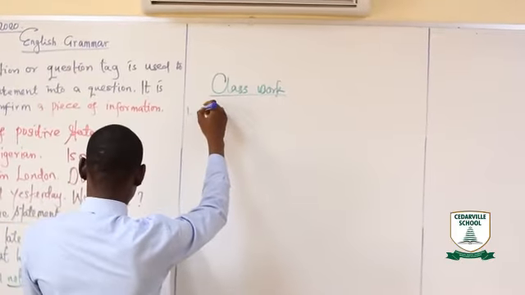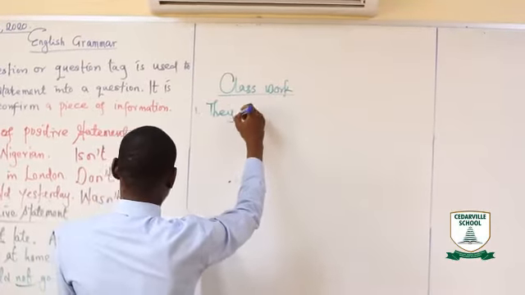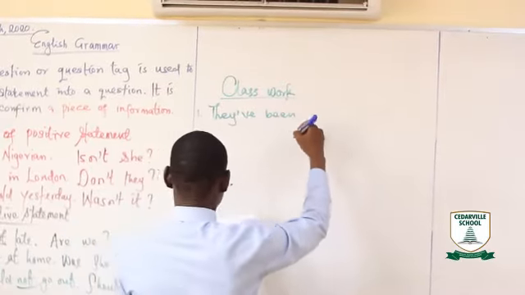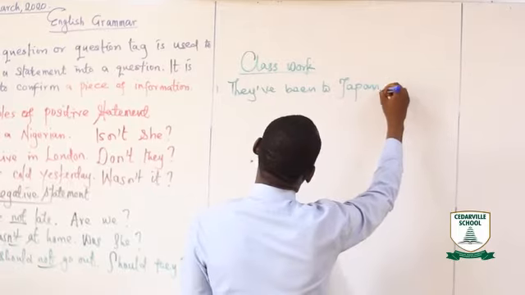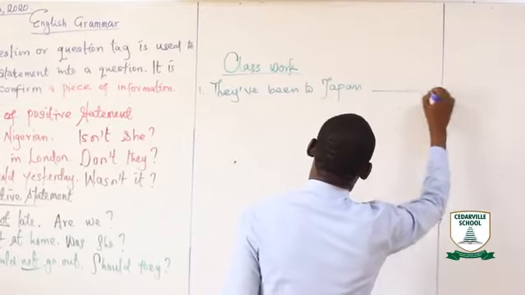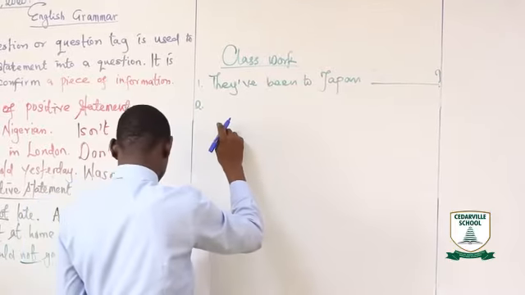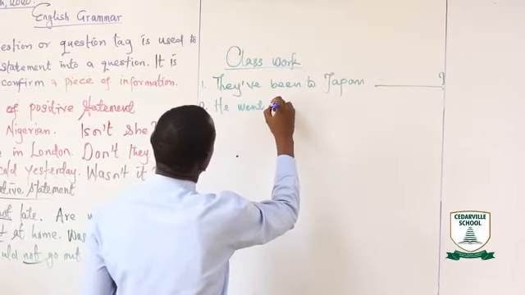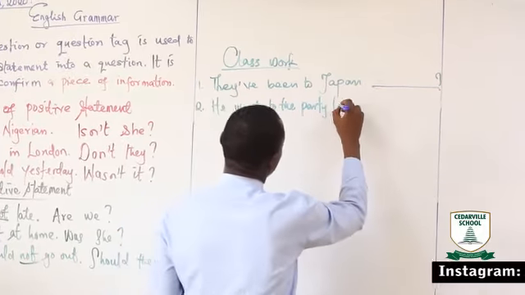Number one: They've been to Japan. You fill in the tag question. Number two: he went to the party last night.